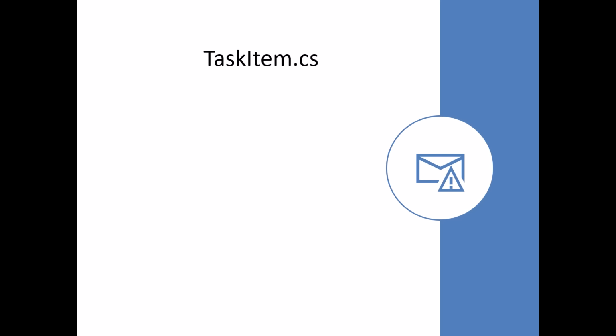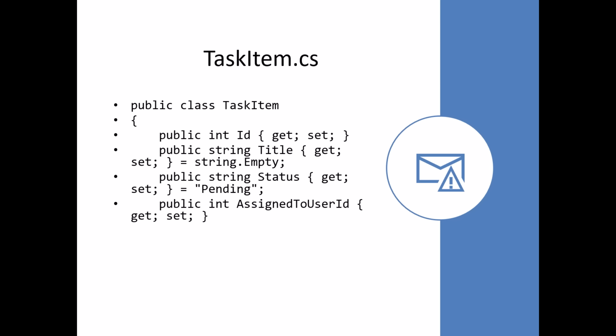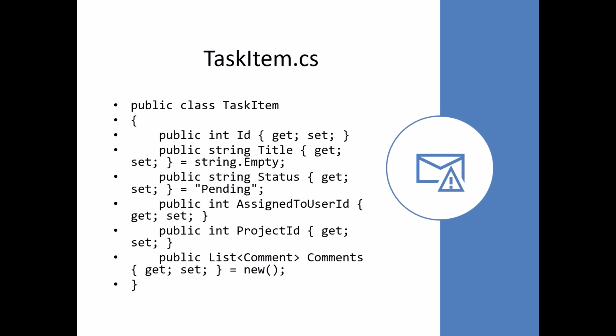Next model is TaskItem.cs, the task item class, and it represents a task assigned to a project and optionally a user. It includes the title, status, project ID, and collection of comments. When I say optionally a user, this is optional, assigned to user ID. User ID means the ID of the user.